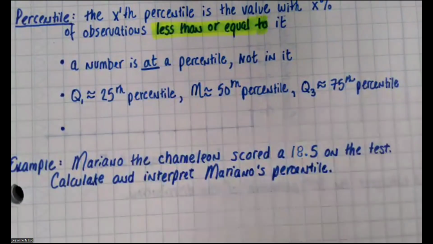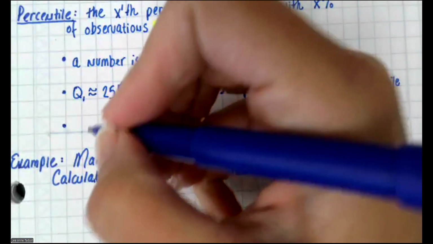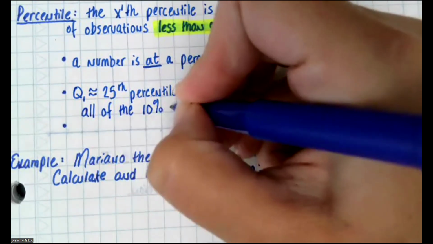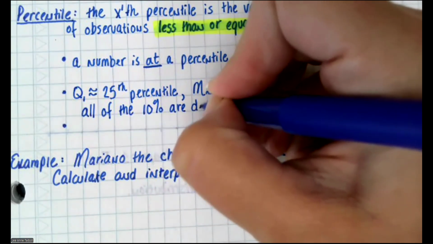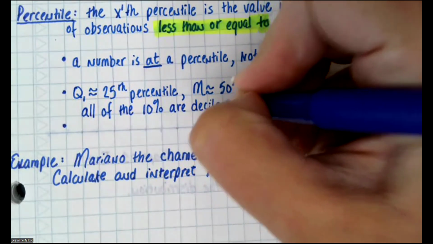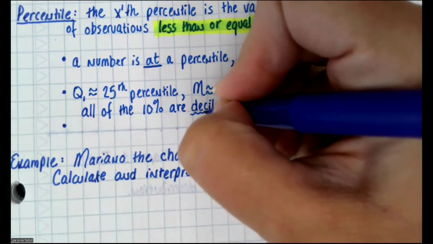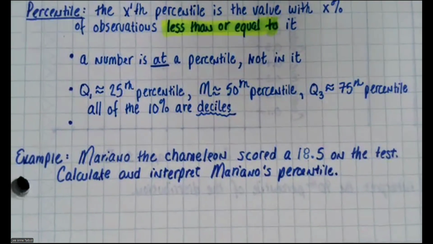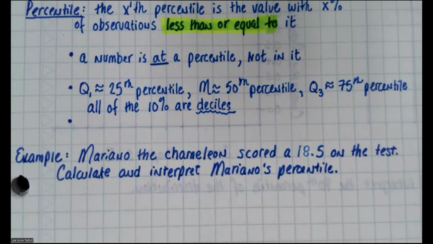Okay, and then here's a really common one that we use in education. And I don't know where else you use it. I've seen it used a lot of times in test scores.